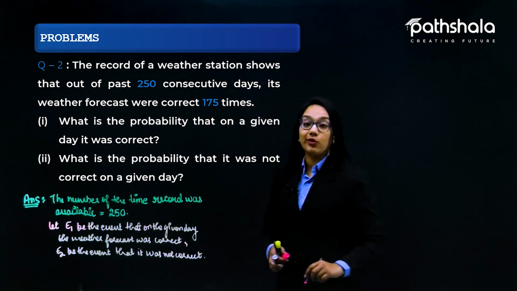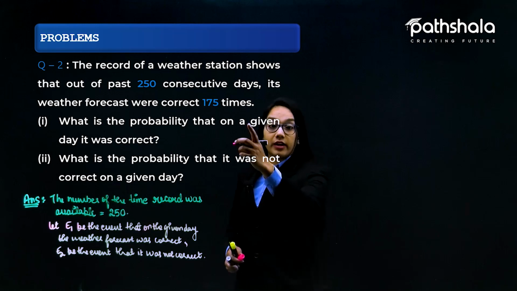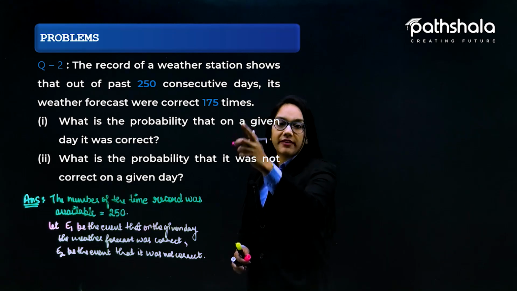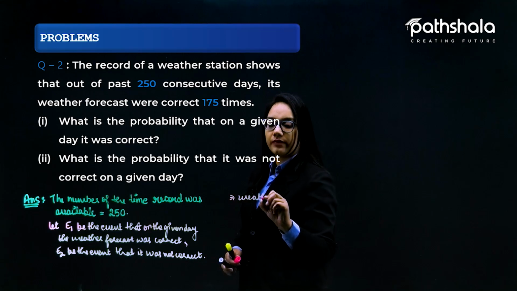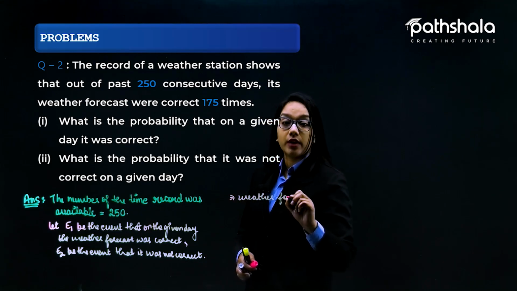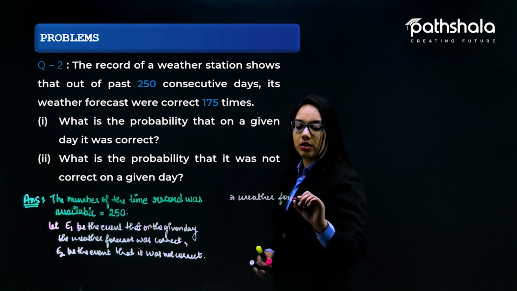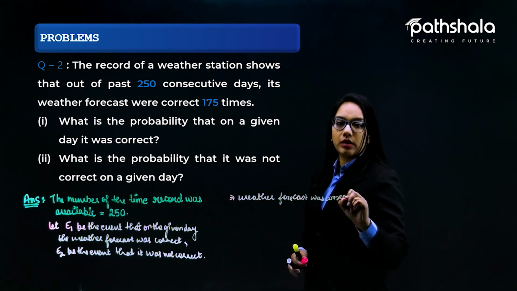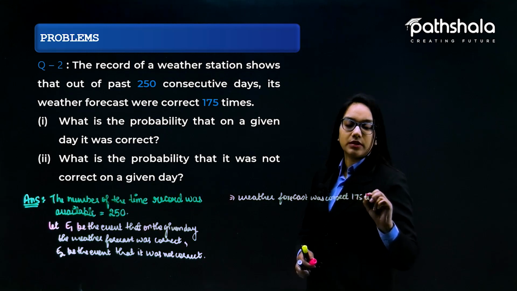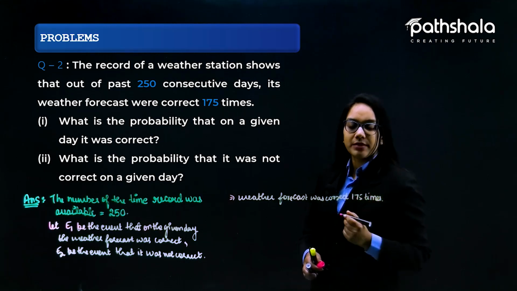So first of all, we know that the weather forecast was correct how many times? 175 times. So how many times is it incorrect?